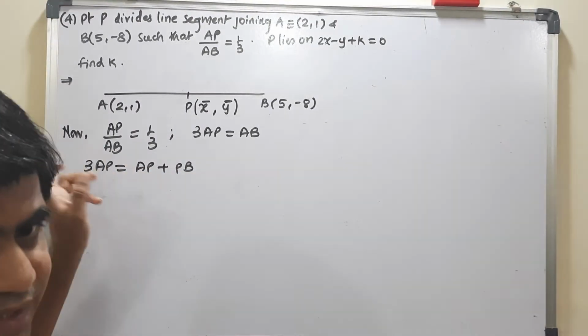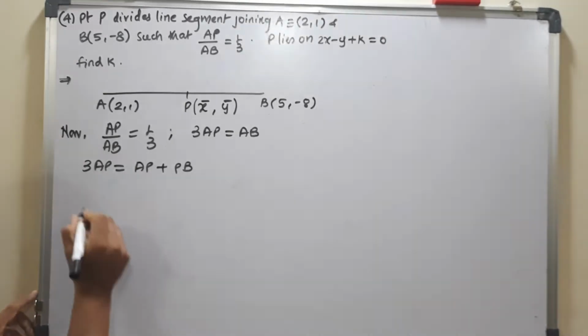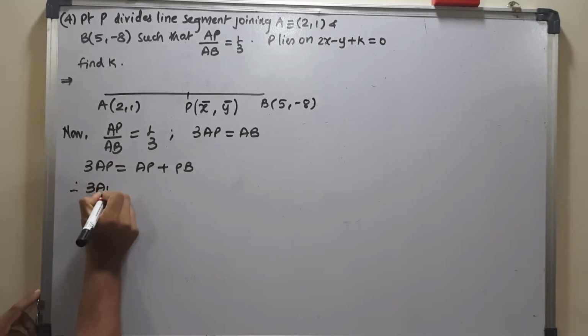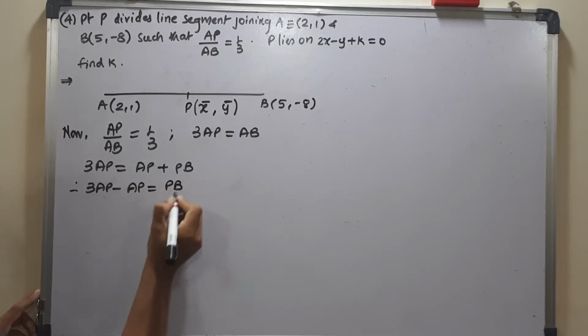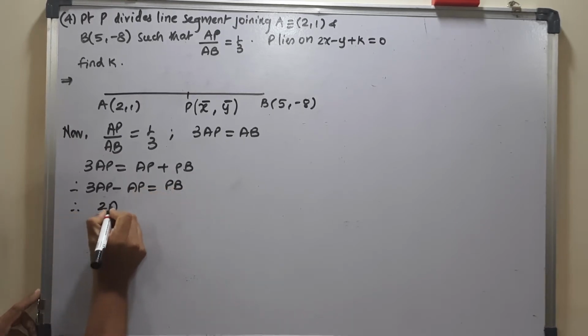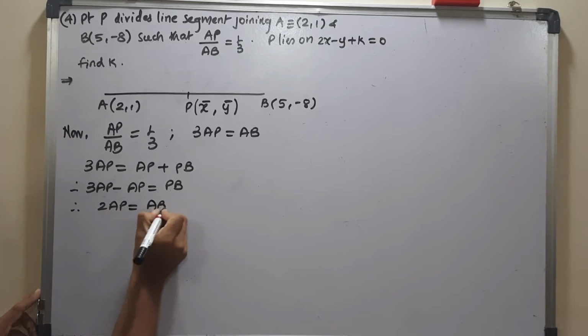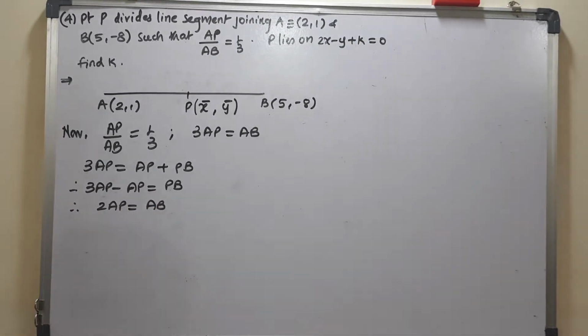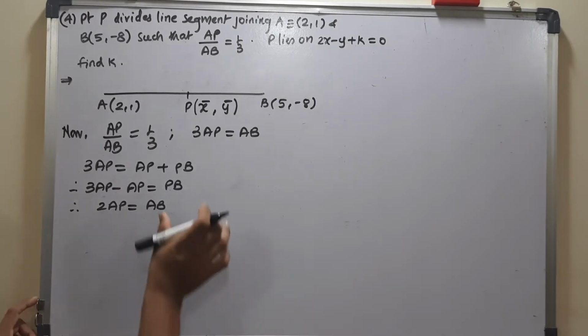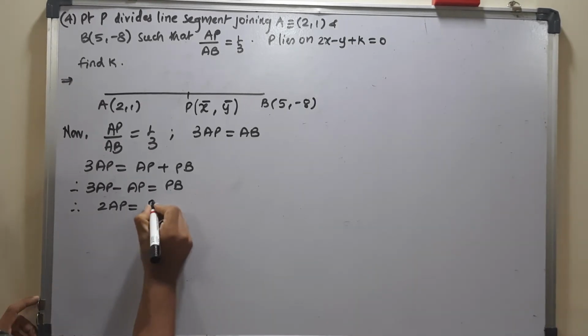So taking AP this side, what you get here is 3AP minus AP is your PB. That means 2 times AP is equal to PB.